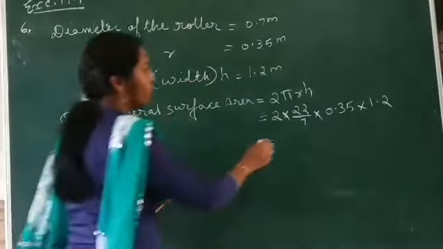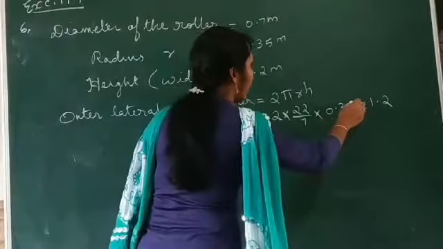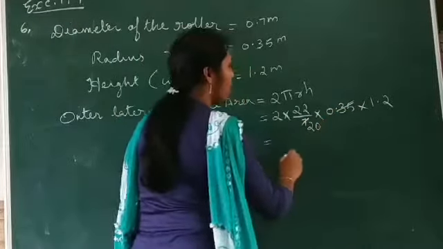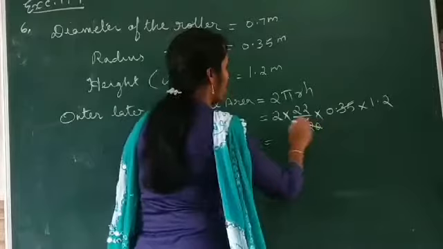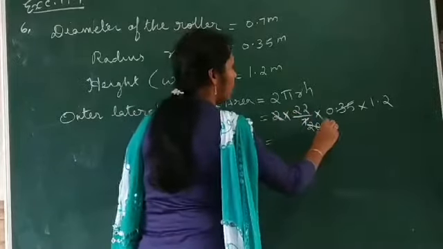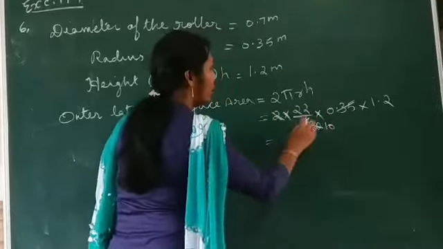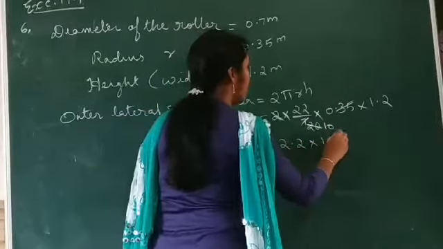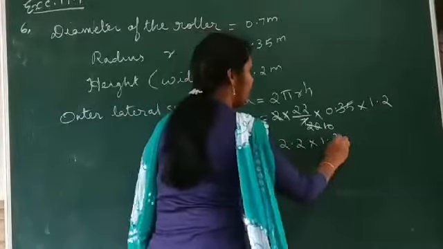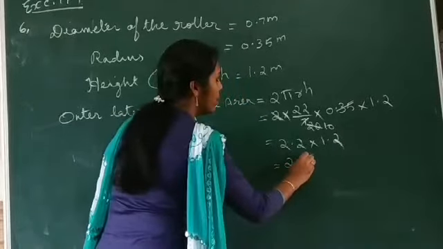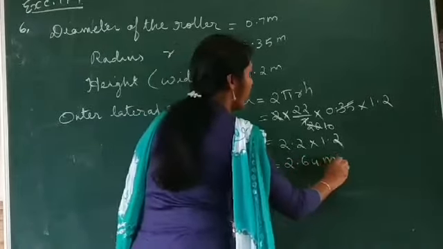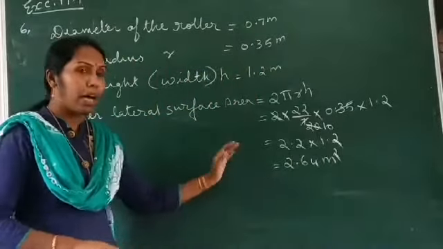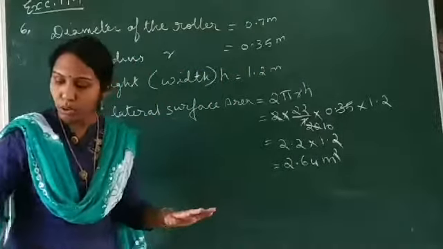Here 0.35 and 7 cutting, we get 0.05. Here we can get 22 by 10, that is 2.2 into 1.2. Multiplying this, we get 2.64 meter square. This is the outer lateral surface area, or the area by which the roller rolls through the ground.